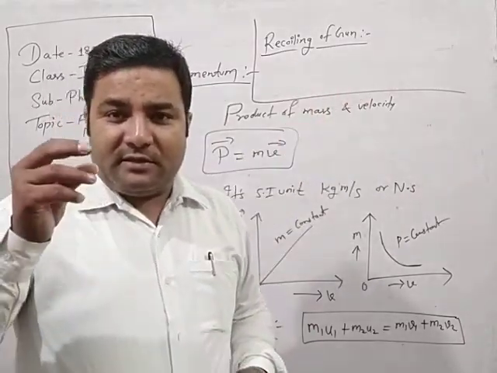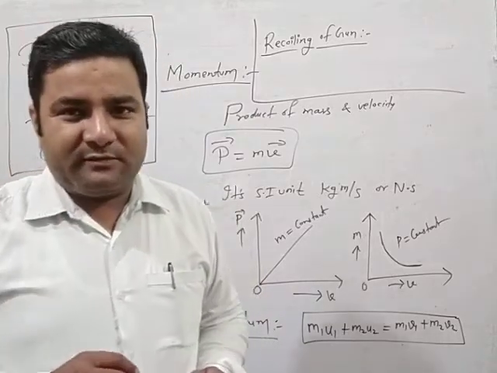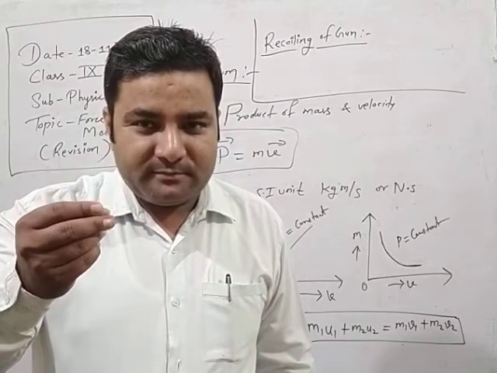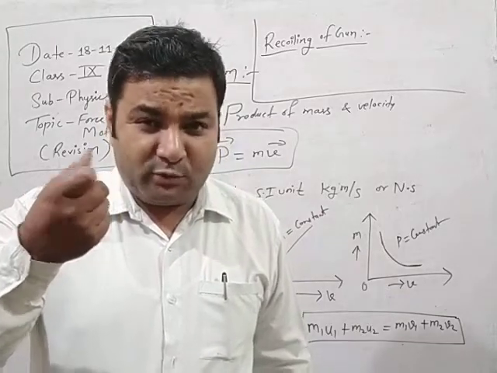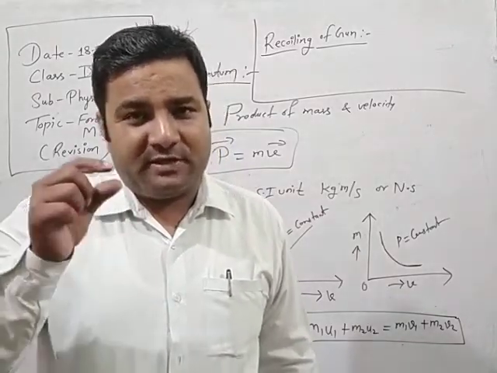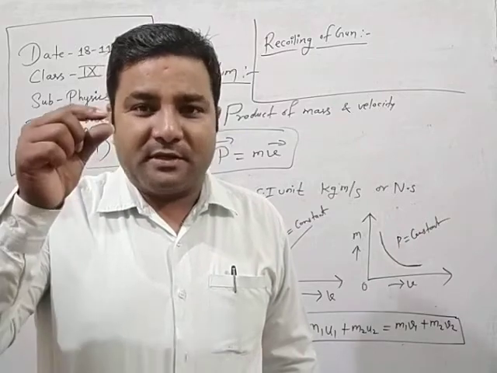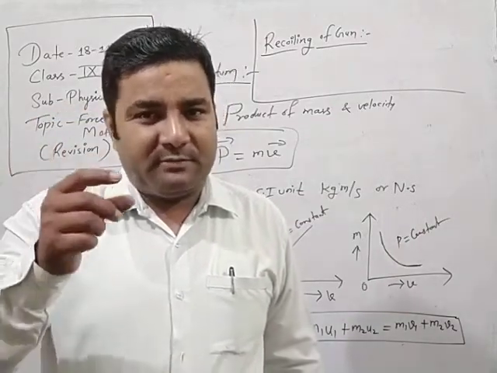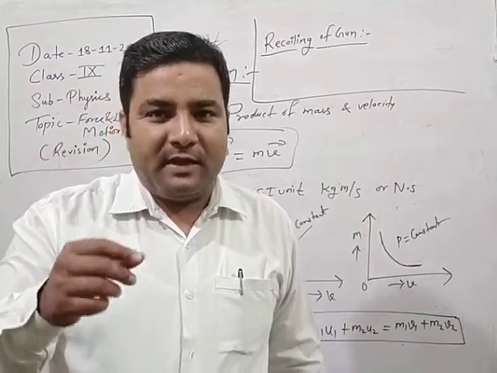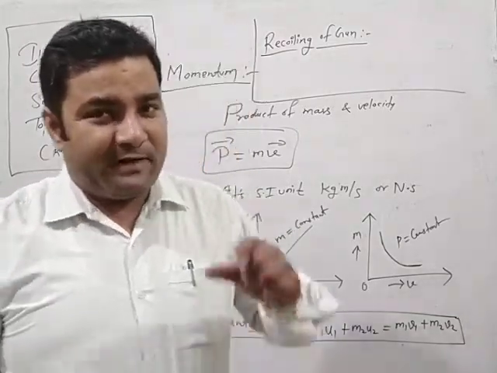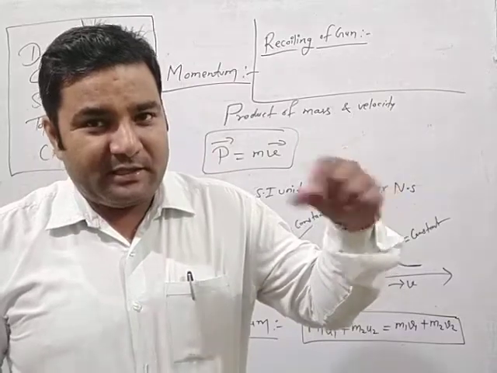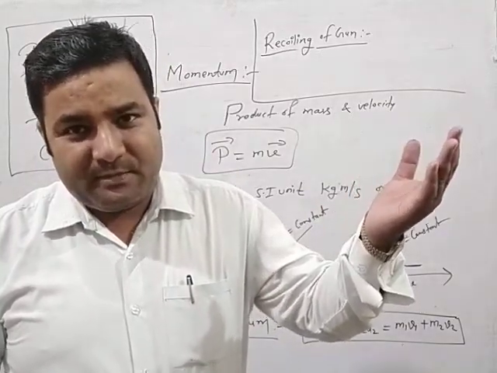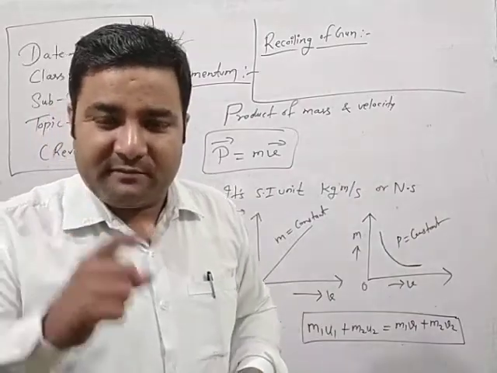So here is the recoiling of the gun. Suppose just before firing, the bullet and the gun are in your hand, and both are at rest. That's why their initial velocity will be 0. It means the initial momentum will be 0. And for the final momentum, the bullet fires with velocity small v, and the gun experiences a backward jerk with a capital V velocity.